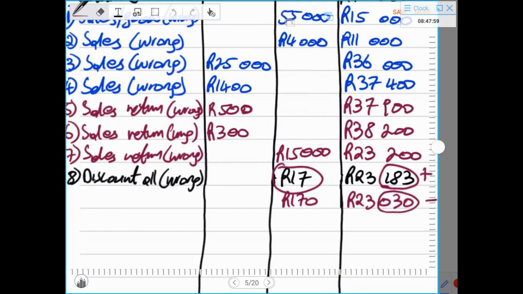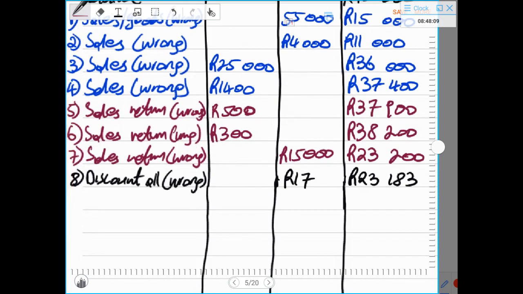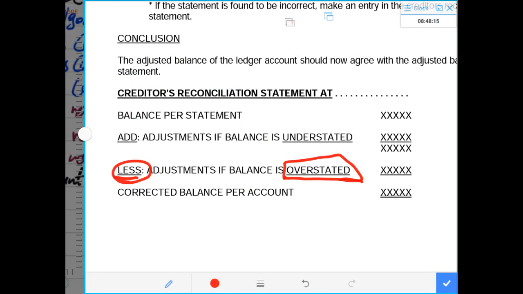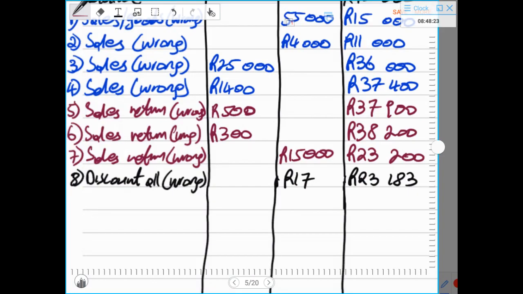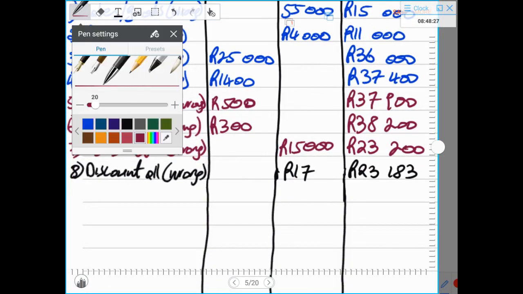When the balance is overstated, we go to the rule. What do we do when the balance is overstated? We less. Which side do we less in the reconciliation? We less on the debit side. Let us go and look at the rule. So going to the reconciliation, the difference must be on the debit side.